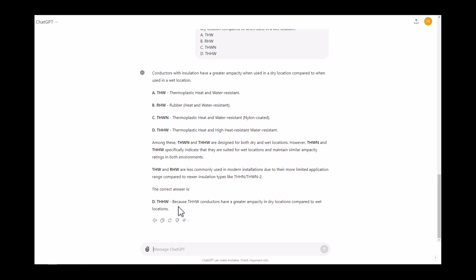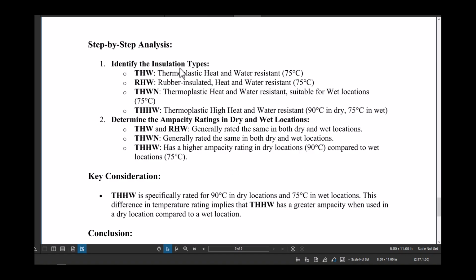The answer is because THHW conductor has a greater ampacity in dry locations compared to wet locations. If I summarize, to identify the insulation type, we go to THW, 75 degrees Celsius, because the location was in the 75 degrees Celsius. RHW the same, THW the same. THHW has both 90 degrees and 75.